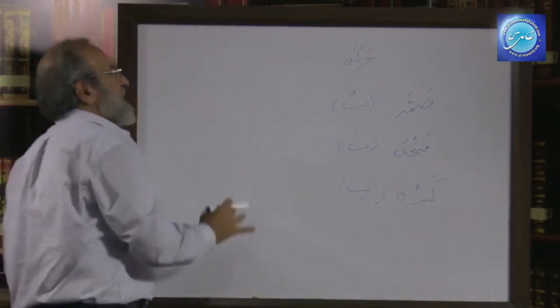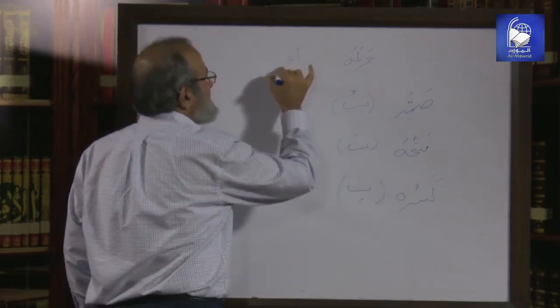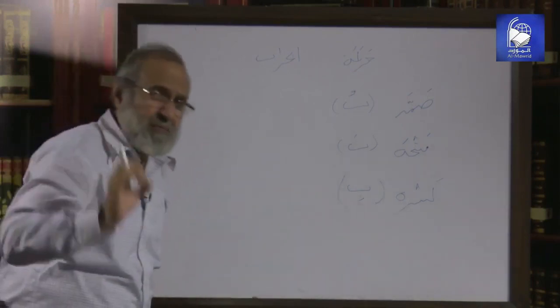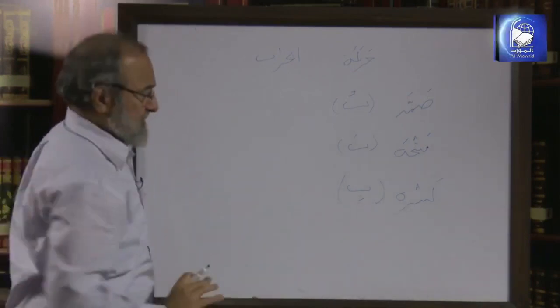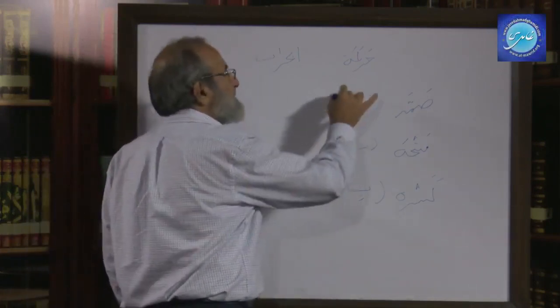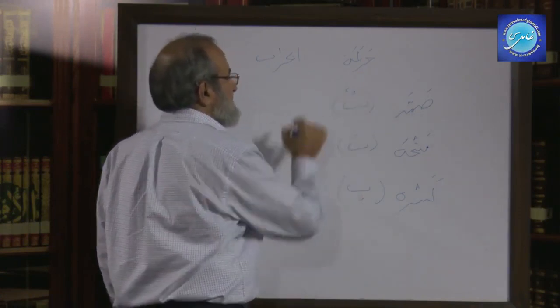But similar to haraka are what are called Arab, which is what we are going to talk more about later on. But very briefly, in the very last part of this presentation, I would say that if you double dhamma, it's what is called tanween.